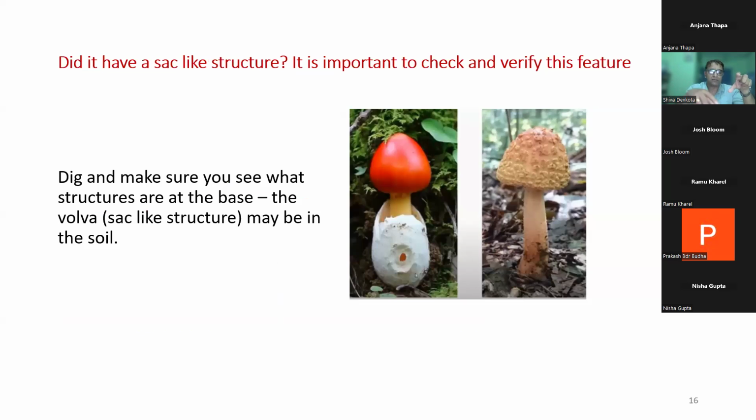It's called the bag or volva, and it might be underground, hidden. So when people collect mushrooms, they might collect only the stalk and cap or pileus, and they do not notice the volva structure, and they get confused with poisonous mushrooms. So while taking mushrooms, we need to pick every part so that it will be much easier to identify whether it is edible or poisonous.